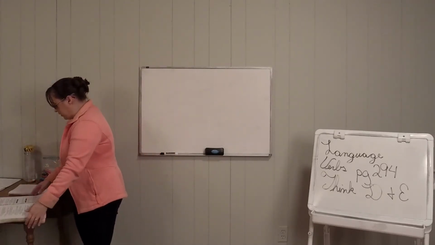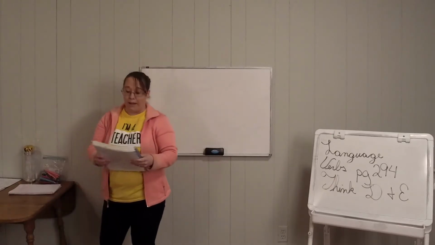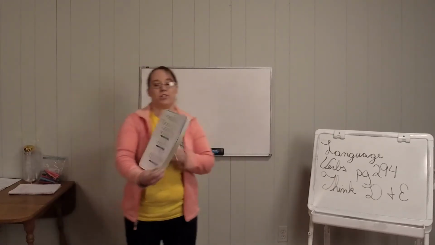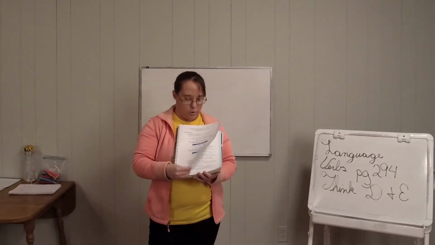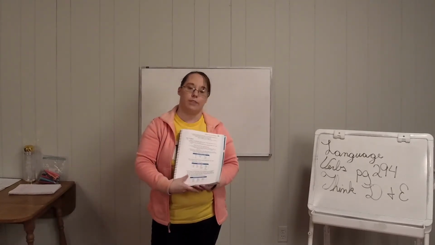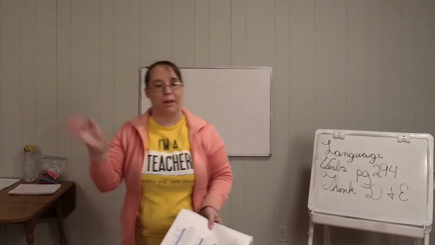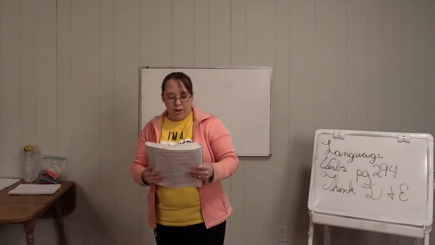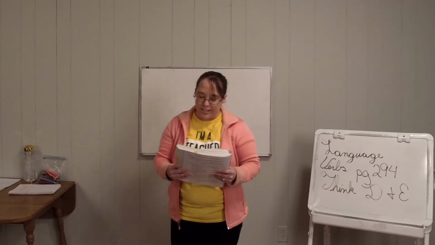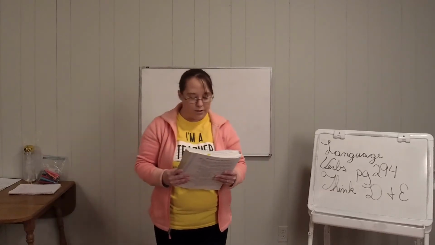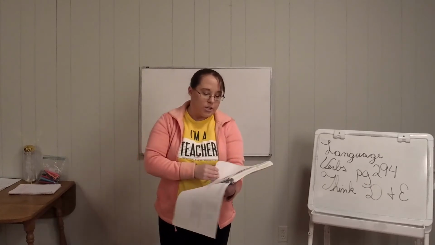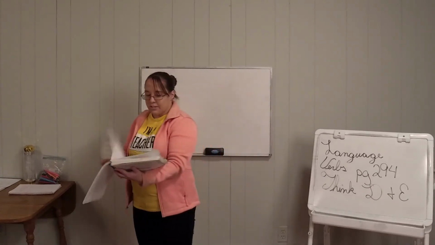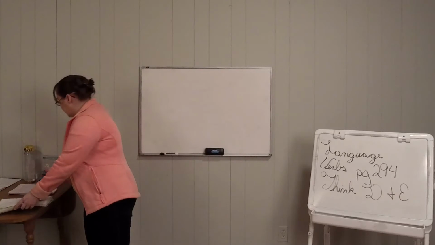If you can remember about verbs, you can look at page 305 and 306 in the back of your book where your handbook is, if you still have it, because I know some of you are losing pages in the back. A verb is a word that shows action or state of being, helps another verb, or links another word to the subject. So, I was going to review some with you on verbs.